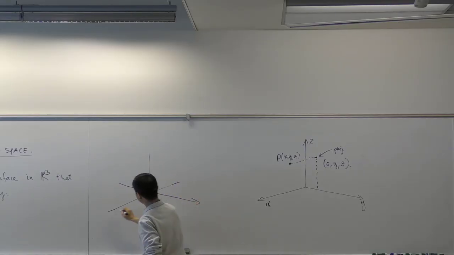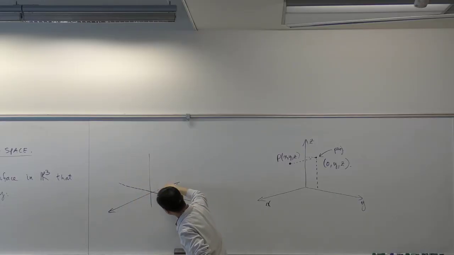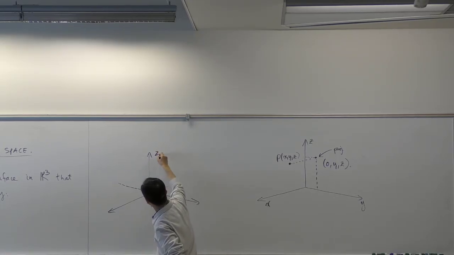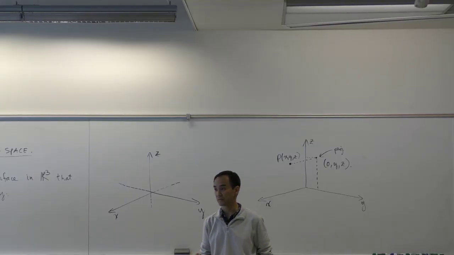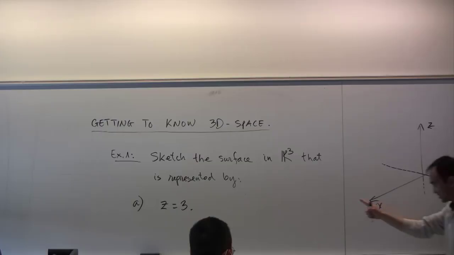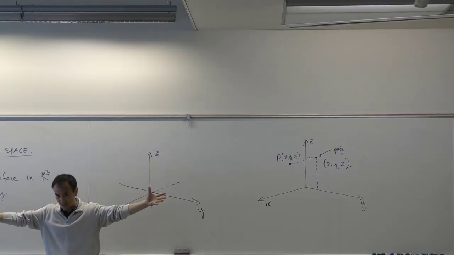I'm going to draw a version like this, where these are the negative sides, negative sides are here, and negative sides are down here, positive z. On the x, on the y. Sounds good?